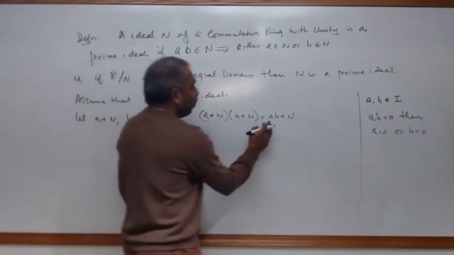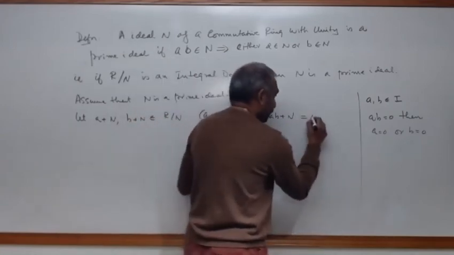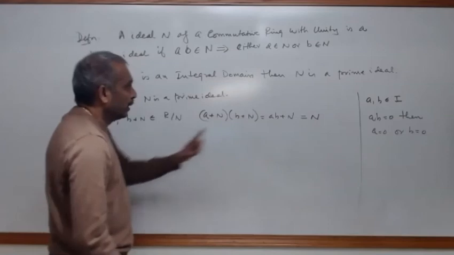So if this is equal to 0, this means this is equal to N. What does this mean?